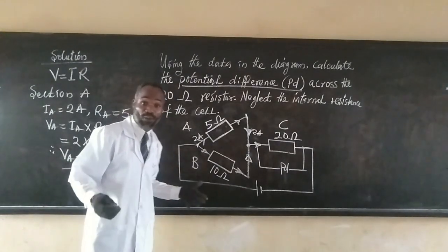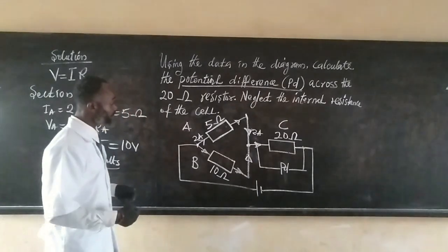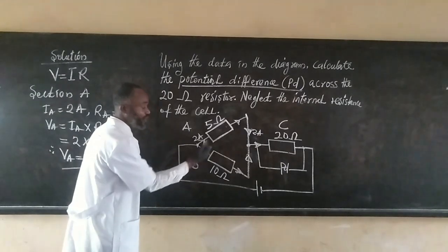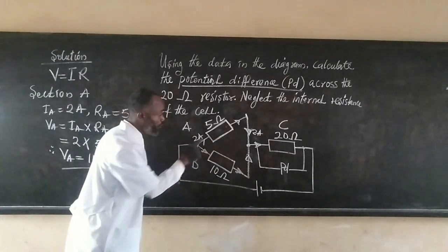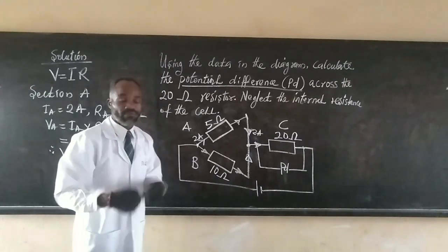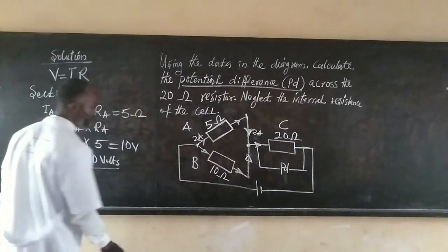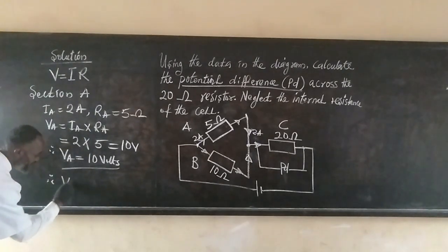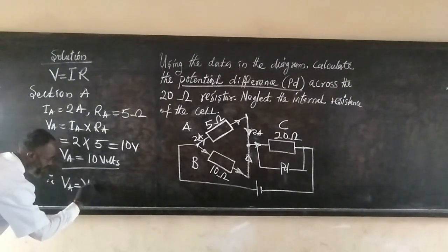She said, wow, that's it, yes. The potential difference between this and that is the same, but the current flowing in each of them is not the same. She agreed.